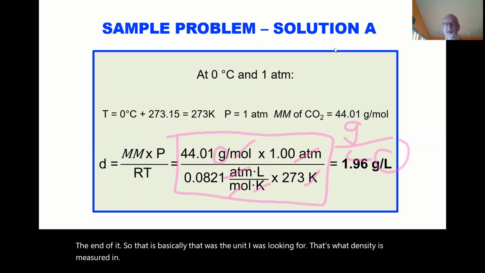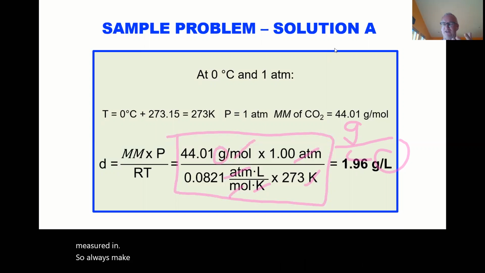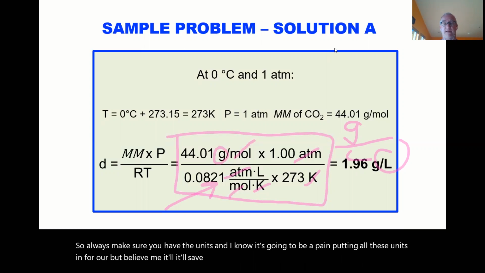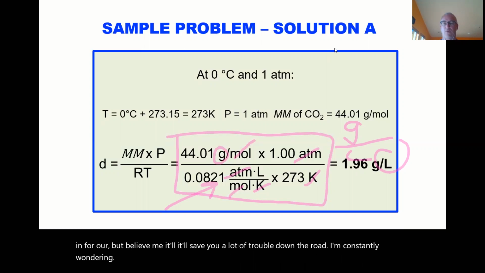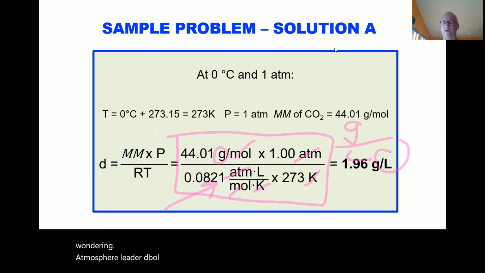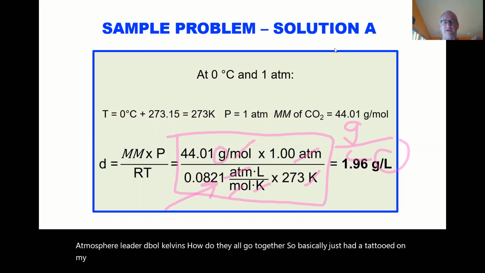So always make sure you have the units in. I know it's going to be a pain putting all these units in for R, but believe me, it'll save you a lot of trouble down the road. I'm constantly wondering atmosphere, liter, mole, kelvins, how do they all go together? So I basically just had it tattooed on my arm. Now I can just look at it.